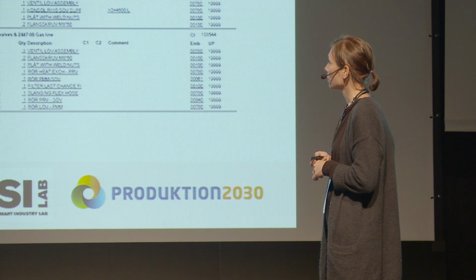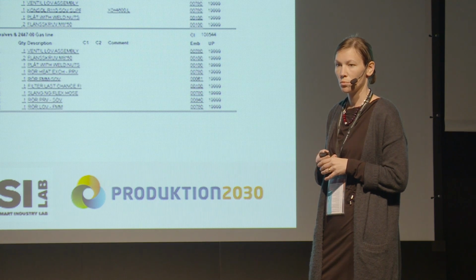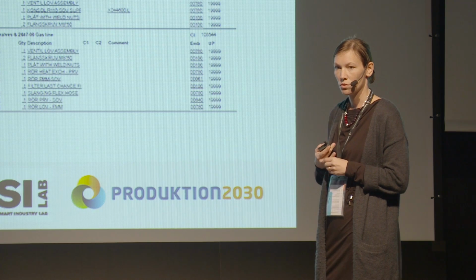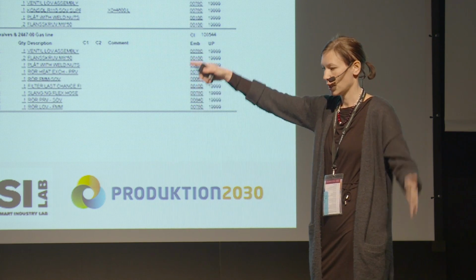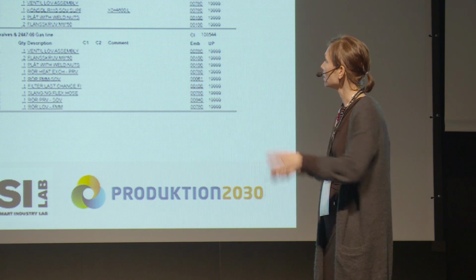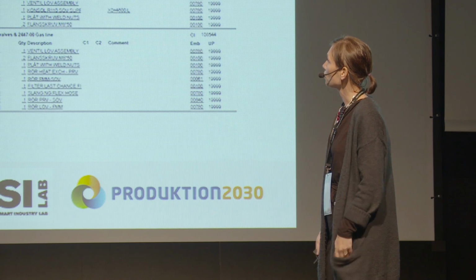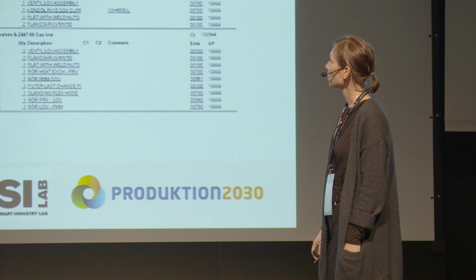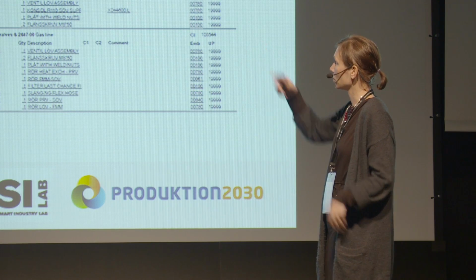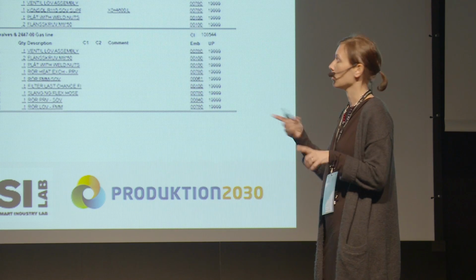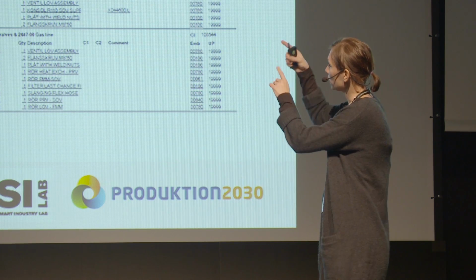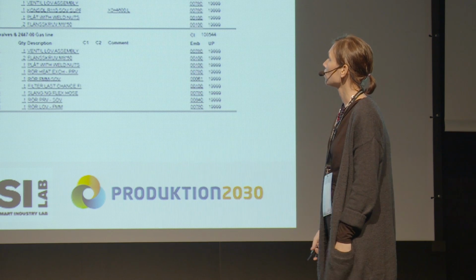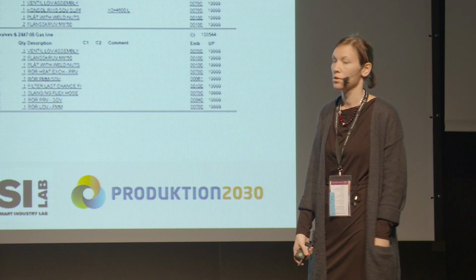They have transformed all their instructions from 2D instructions, big A0 blueprints, to 3D instructions, where the operators actually could rotate, and they can take away different parts that they don't assemble in this task.